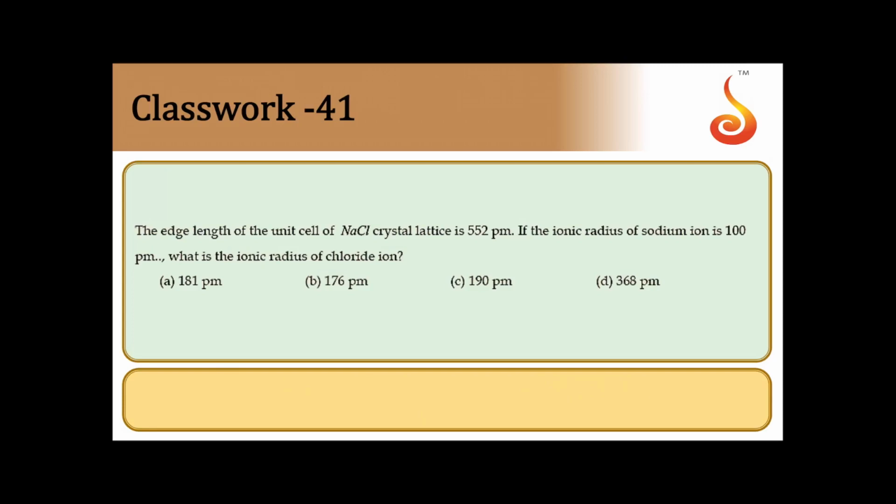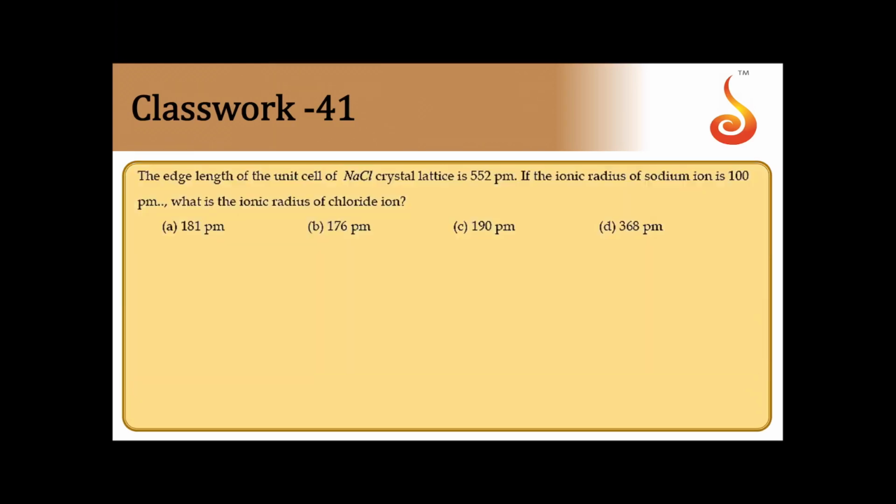41st. Edge length of unit cell of NaCl is 552 pm and ionic radius of sodium is 100 pm. What is the ionic radius of chloride ion? When you take NaCl edge length in a face centered, we have one atom here, one here, and one here. One of them will be anion, other will be cation.